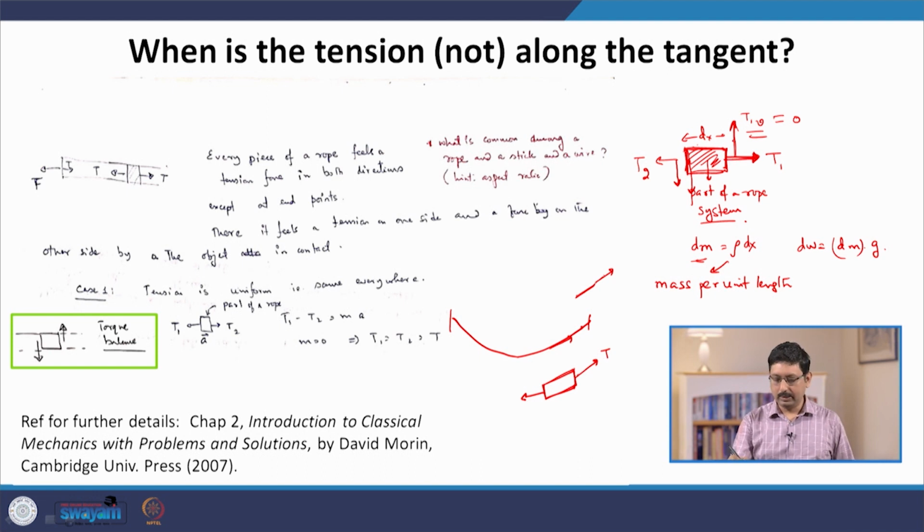rope, and this direction represents perpendicular to the direction of the rope. If the rope is continuously changing its curvature, then the direction of tension is continuously changing. The tangent direction is continuously changing, so the tension is always along the local tangent. This is the local tangent direction.